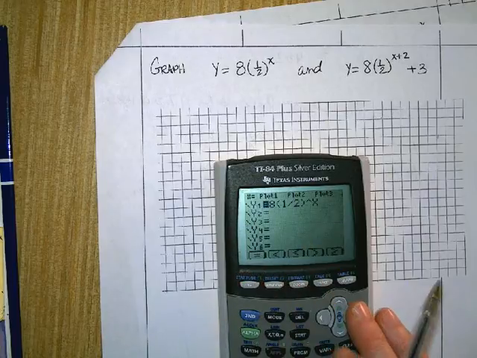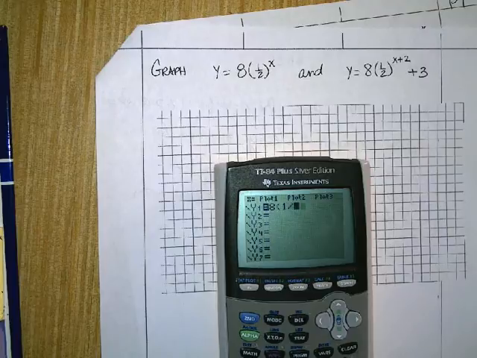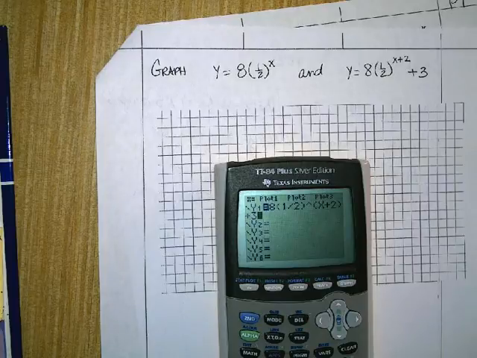Now let's put the next one in. 8 times 1/2 to the power of, put it in parentheses because x plus 2 is the exponent, and then plus 3. X plus 2 is inside of the exponent, and plus 3 is outside.